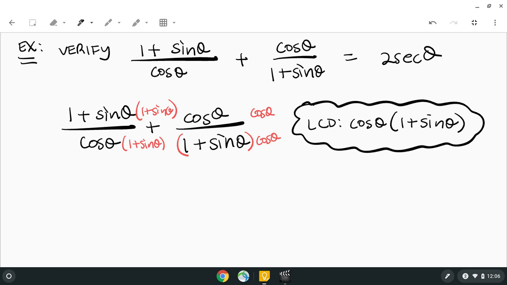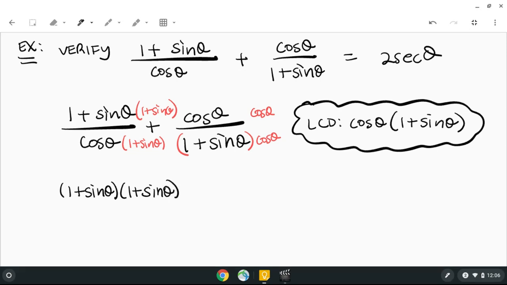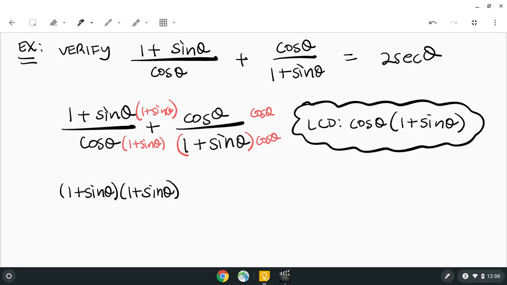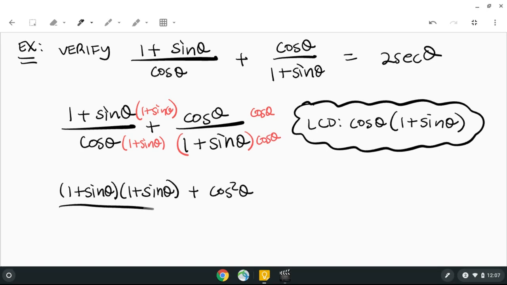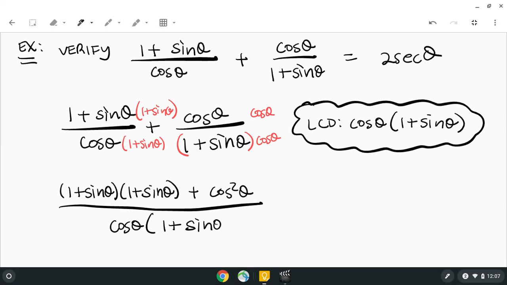So I get 1 plus sine theta times 1 plus sine theta, and then over here, I'll get plus cosine squared theta, all over cosine theta, 1 plus sine theta.